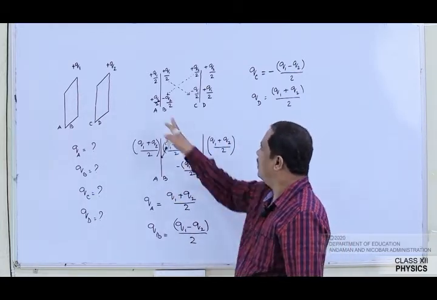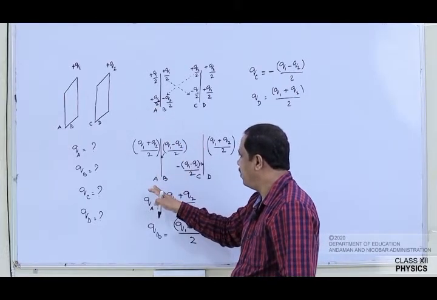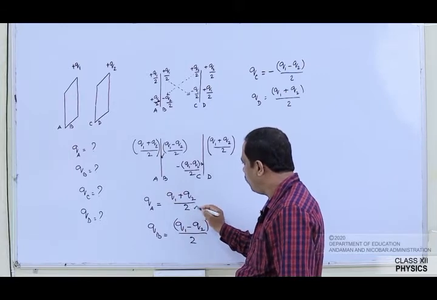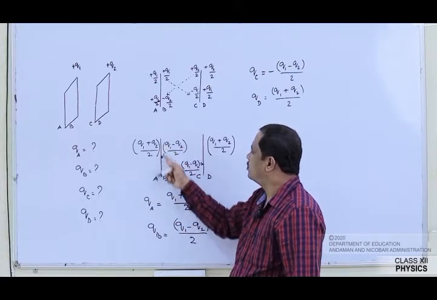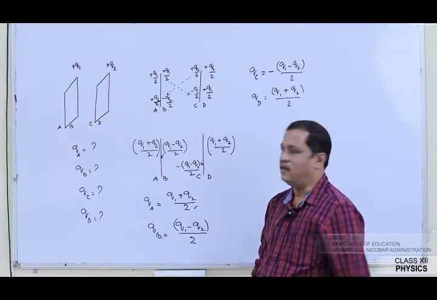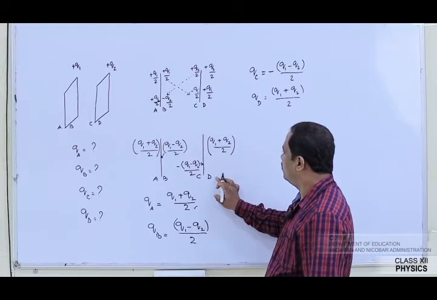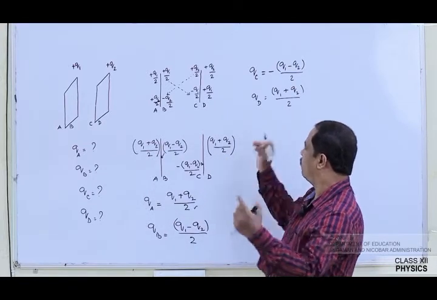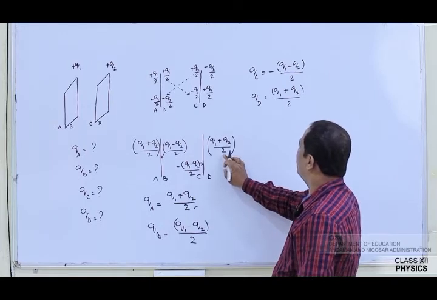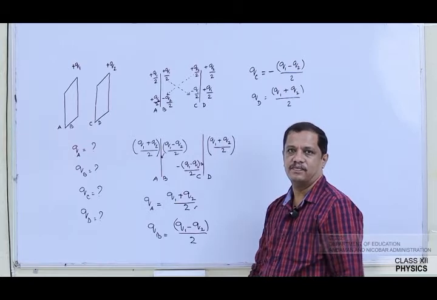So therefore on the left face, that is face A, it is half of the sum of the charges distributed over the two conductors. So this is A. When I look at face D, so A and D are the outer faces, in that case again here also it is half of the sum of the two charges.